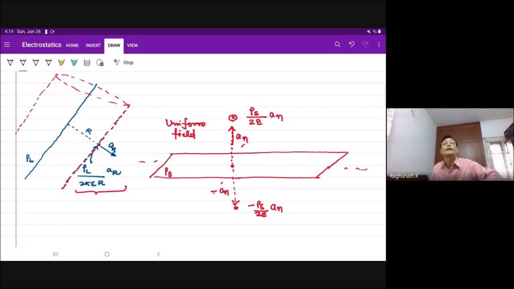I gave you a set of statements that any charged object creates flux lines, and these flux lines are on the surface of the charged object. These flux lines or field lines are perpendicular to the surface at each and every point, because of which it is also called as normal flux.